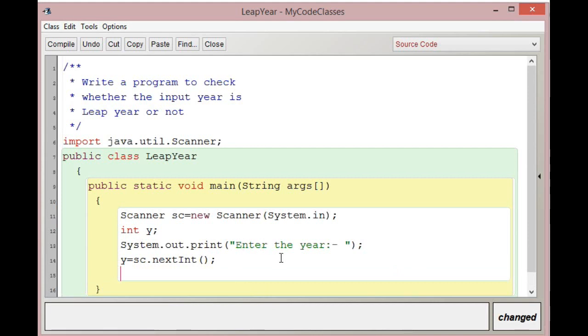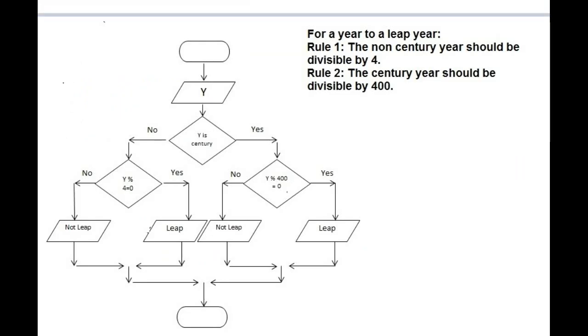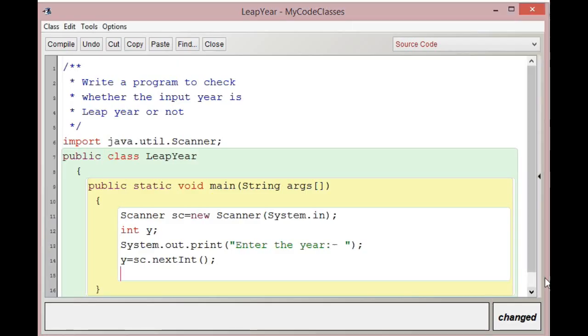Now what to do? We need to implement the condition. Now in this condition, what we have checked? We have seen that one if block is there which has got another if block if it is true, and one more if block if it is false. So nesting needs to be done in a very typical manner. So I'll show you how the nesting has to be done. I'm taking you back to the editor.